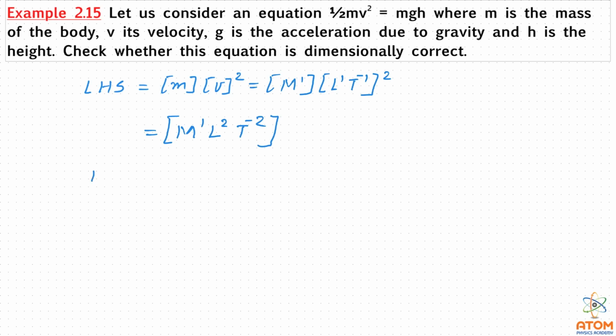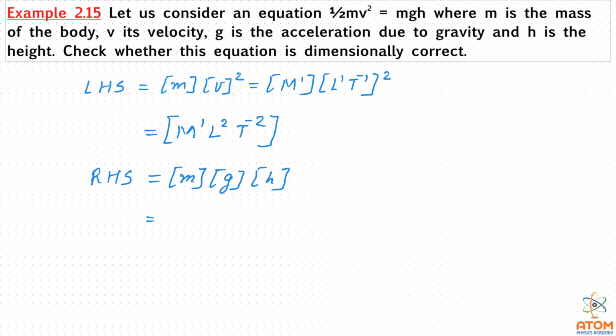Now let us see the right hand side. In the right hand side we have mgh. So we have to take the dimension of small m, that is mass, small g, that is gravitational acceleration, and small h, that is height.